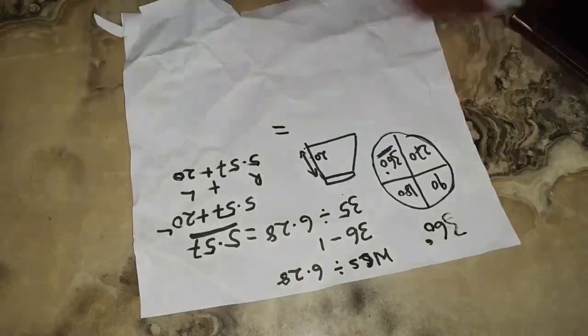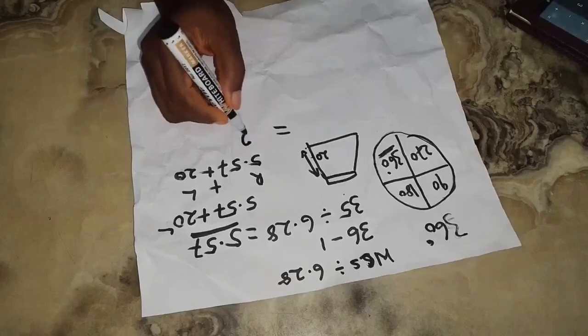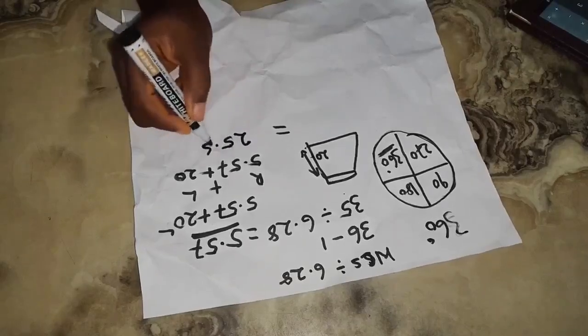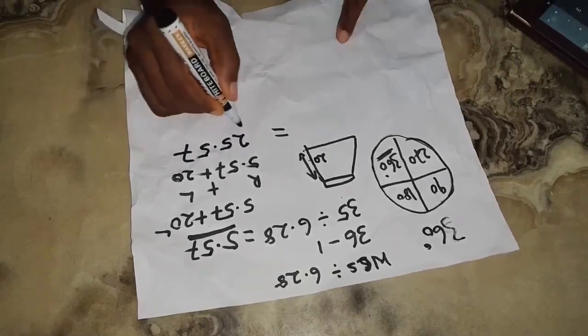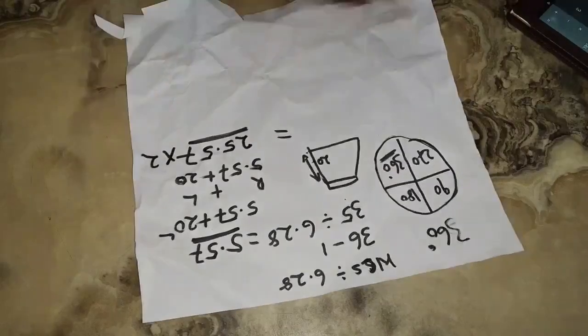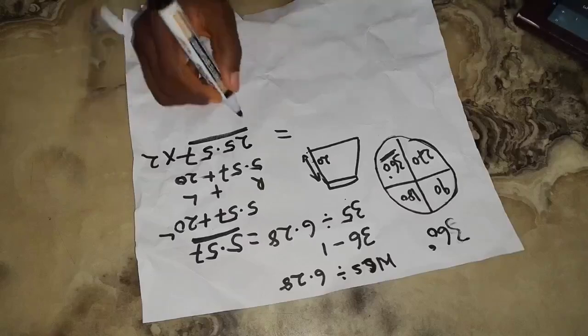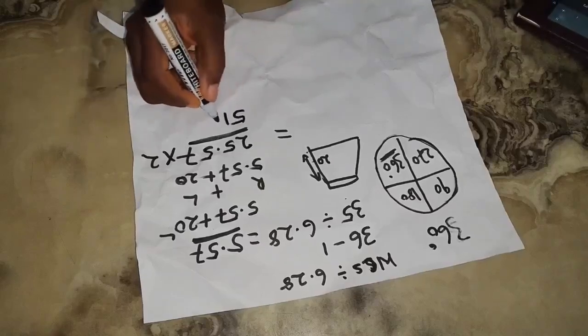If we add them together, we'll be having 25.57. So this is what we'll be working with, and we will be multiplying it by 2. Times 2, we have 51.14.